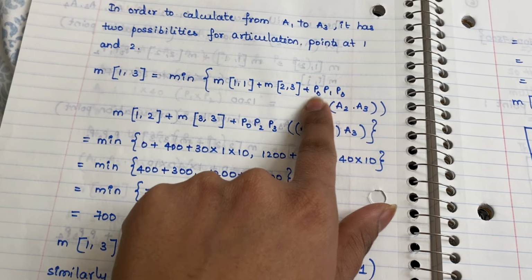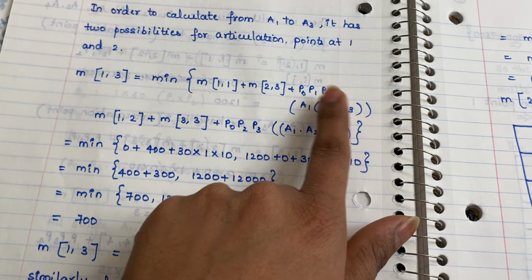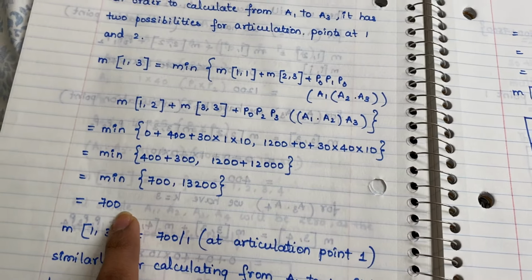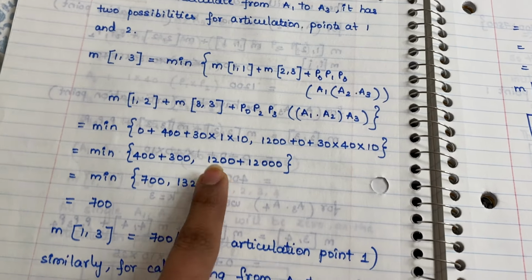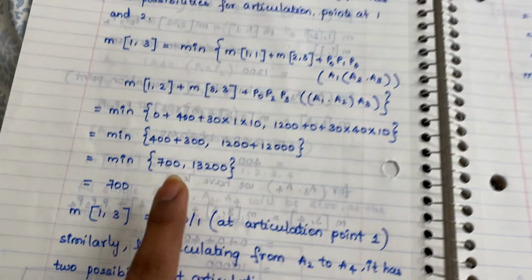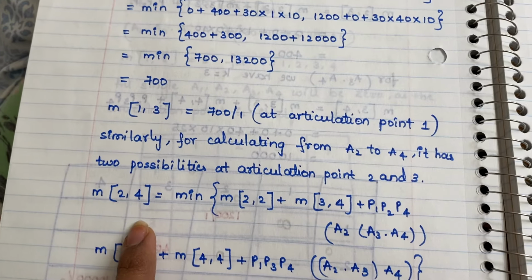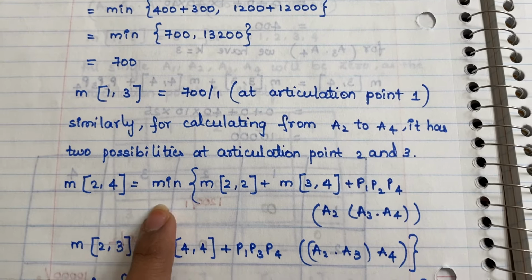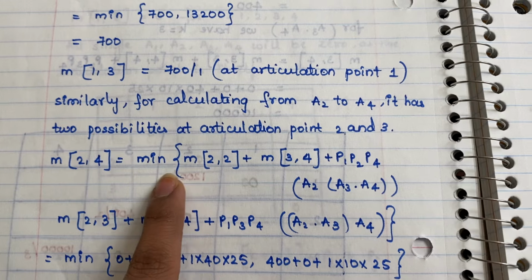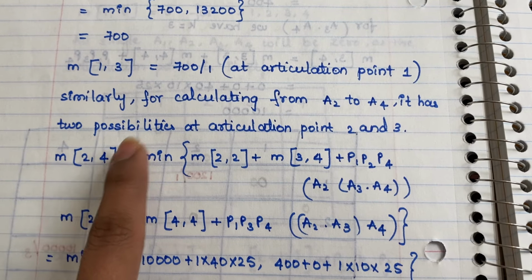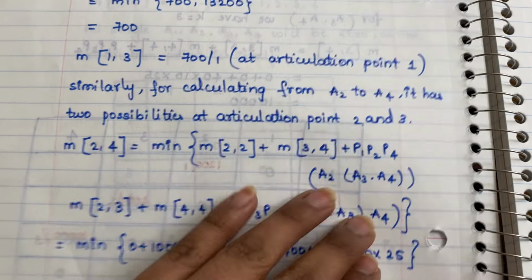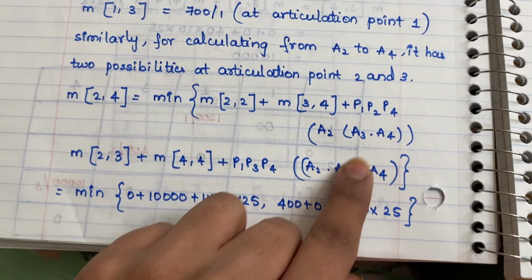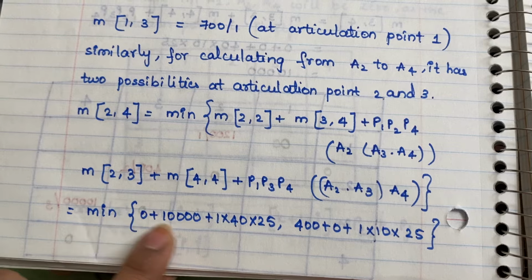So A1, then A2 and A3 computed together. That gives the minimum value, while the other one gives 13,200. So we'll remove this and take only 700. Similarly we'll calculate for M of 2 comma 4. For M of 2 comma 4 we have k equal to 2 and 3. It can go as A2 then A3 A4, or A2 A3 then A4.